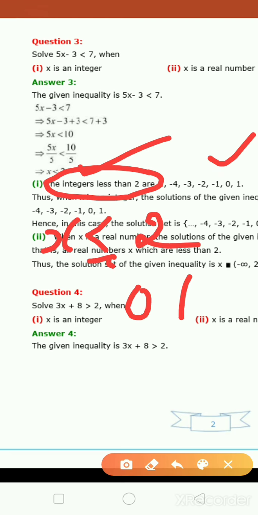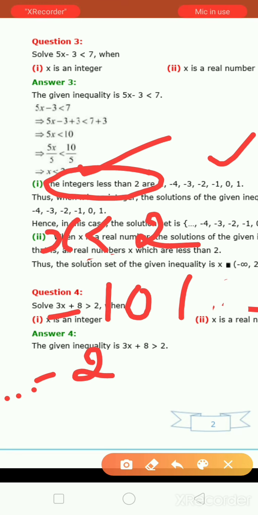If it is an equal-to sign, we can write 2 here. If it is not equal, we cannot write 2 here. So it is less than 2. Then if it is an integer, we can write minus 1, minus 2, minus 3 to infinity.